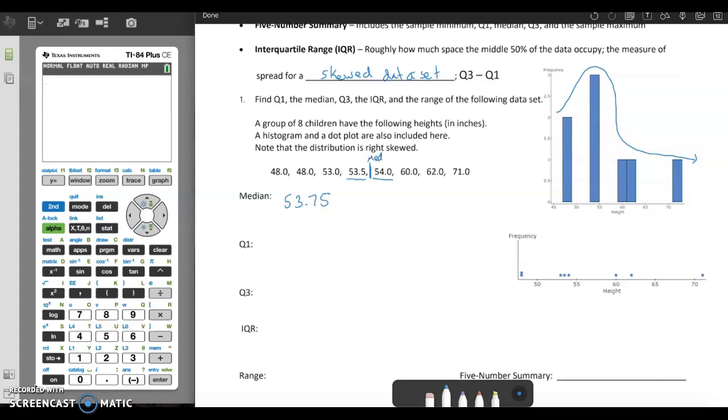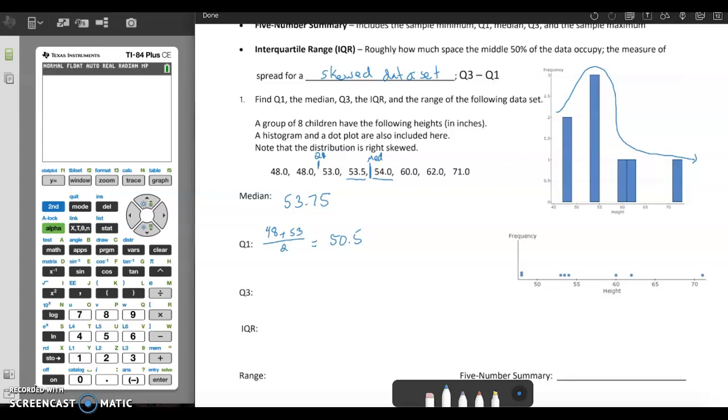Q1 cuts this lower area in half, so it's going to be located directly in the center of this lower value, which again, we happen to have an even amount of values down here. So it's going to be directly in the middle of these two center values. So I might actually need to calculate that. What's directly in the middle of 48 and 53? If you add that together and then divide by 2, you should get 50.5. That'll be Q1 in this case.